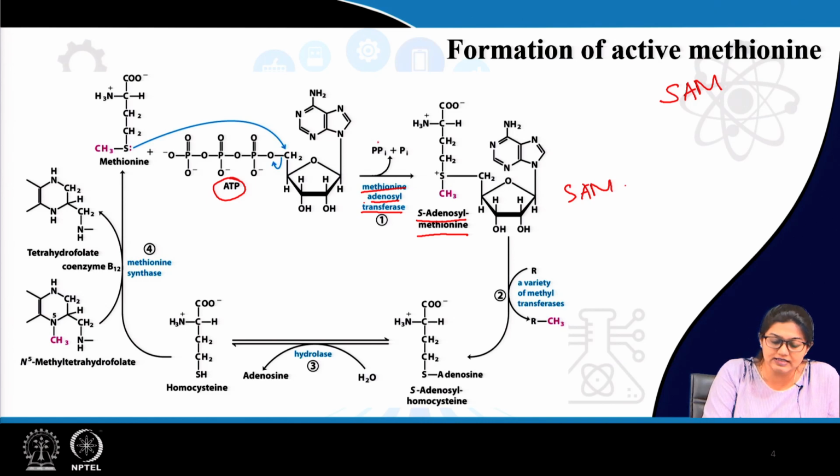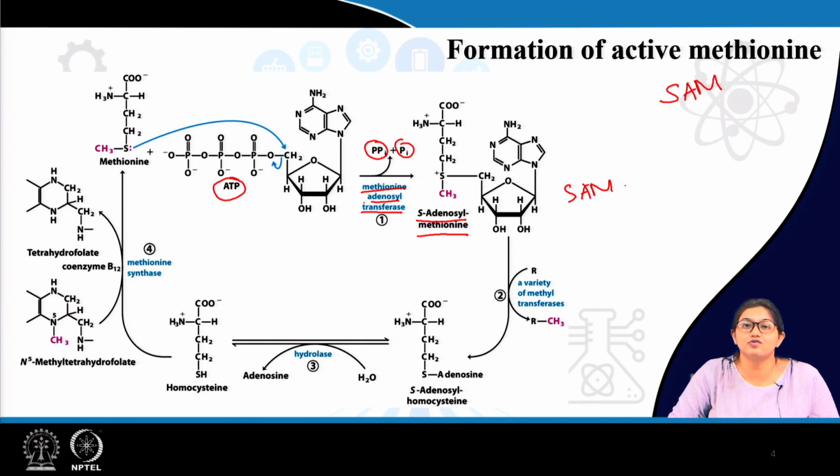And also here you can see the pyrophosphate as well as the inorganic phosphate is released. Now, remember in S-adenosyl methionine, we are getting one high energy methyl group containing molecule. That is why SAM can donate this methyl group to various reactions where methyl group is required with the help of the enzyme methyl transferase.